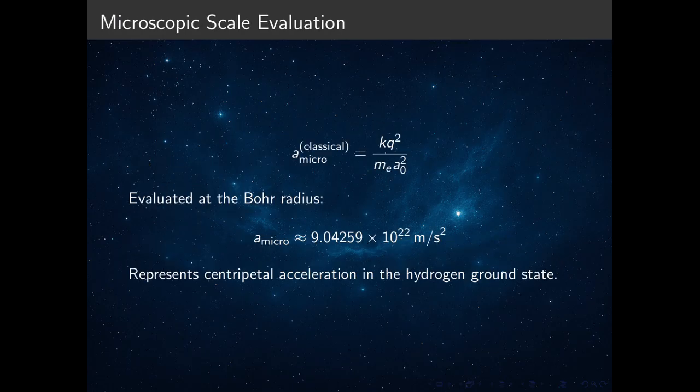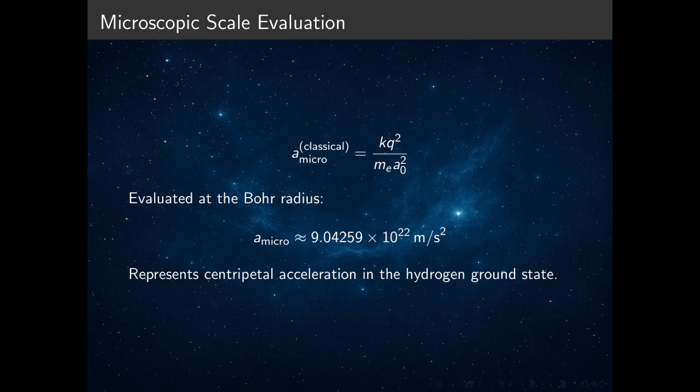Microscopic scale, electron at the Bohr radius. Using the classical quantum acceleration expression, A micro classical equals kq squared over m_e a naught squared, and substituting standard values for Coulomb's constant k, electron charge q, electron mass m_e, and Bohr radius a naught, the resulting acceleration is A micro approximately 9.04259 times 10 to the 22 meters per second squared.